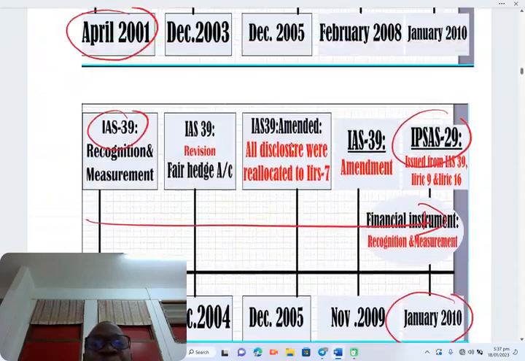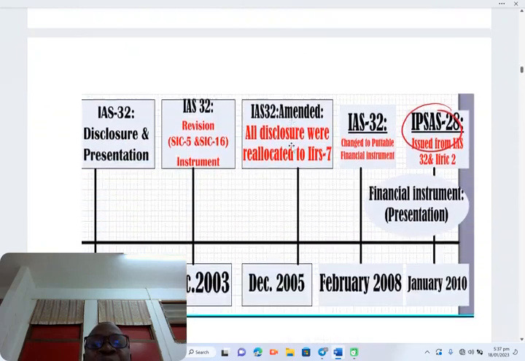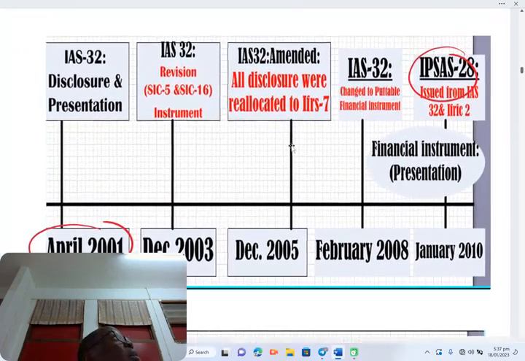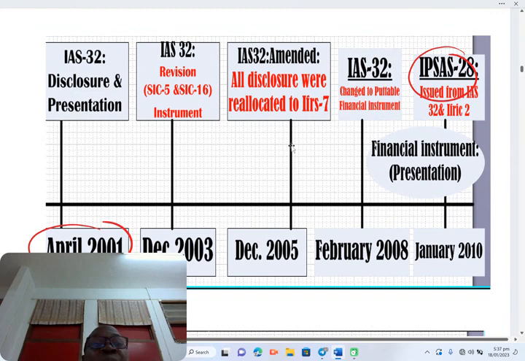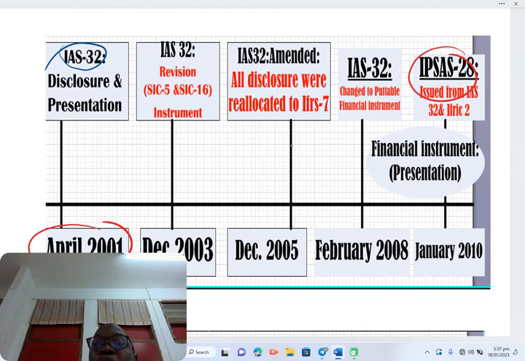Remember yesterday, we had a thorough discussion on these rules. Do you remember? I said IAS 32 emerged into IPSAS 28. But this was the story on how it works from 2001, remember, when IPSAS started under IPSASB to date.